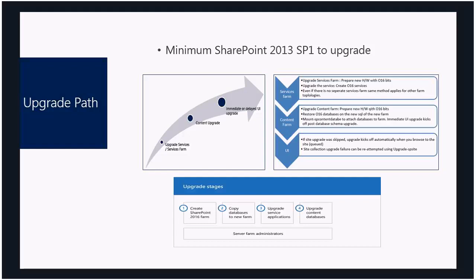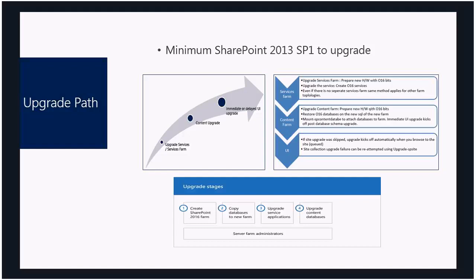With the content databases, actually, you will have the site collections. With the site collections, you will have the documents or the document libraries here. Those site collections are stored in the content databases. So we just back up the content databases from SharePoint 2013, and then restore them into the SharePoint 2016 databases.